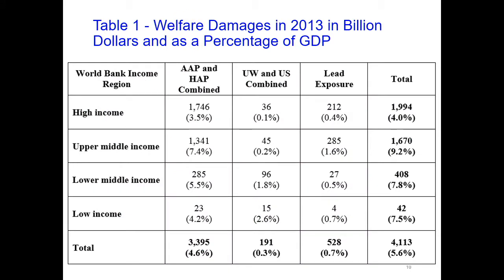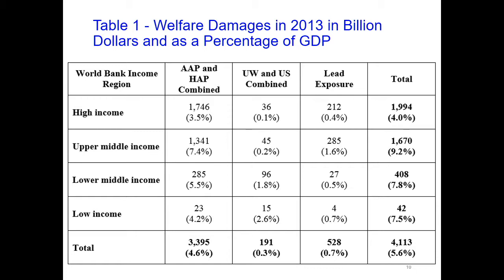Okay, so on this slide, which is all in billions of 2013 dollars, what you're seeing in the numbers themselves are the total damages, deaths times VSL, aggregated across all high-income countries, by pollution category. The first category is ambient air pollution and household air pollution combined, then unsafe water and unsafe sanitation combined, and lead exposure.